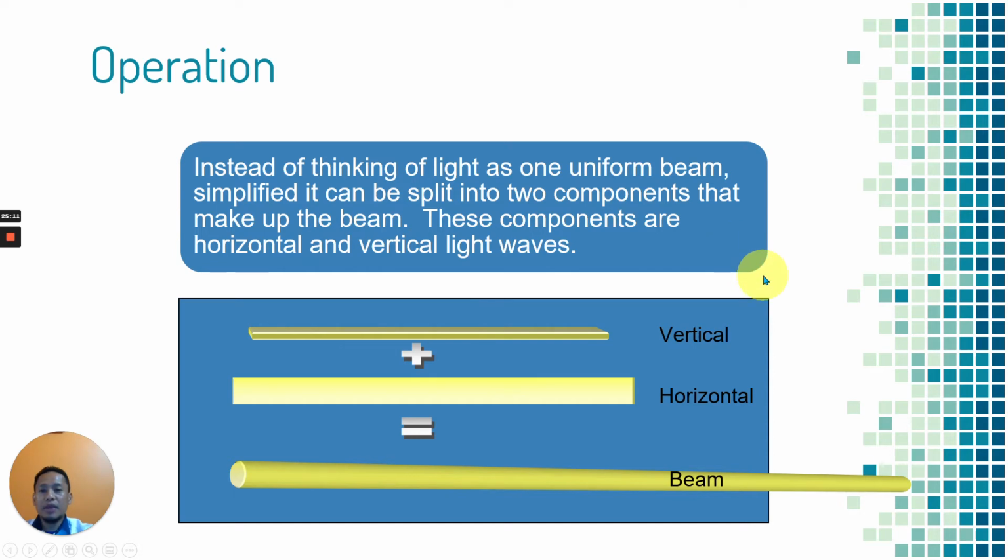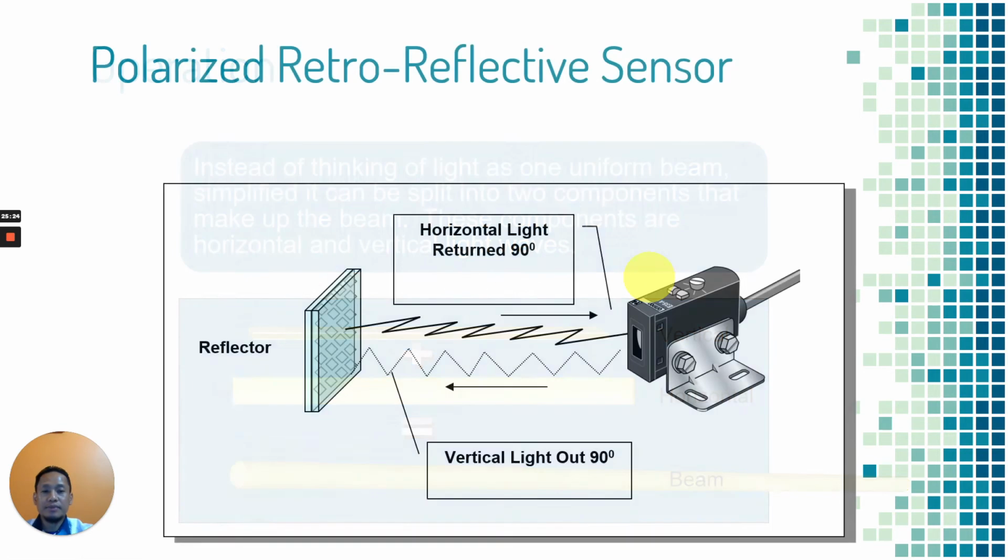Instead of thinking of light as one uniform beam, it can be split into two components that make up the beam. These components are horizontal and vertical. It can be a combination.